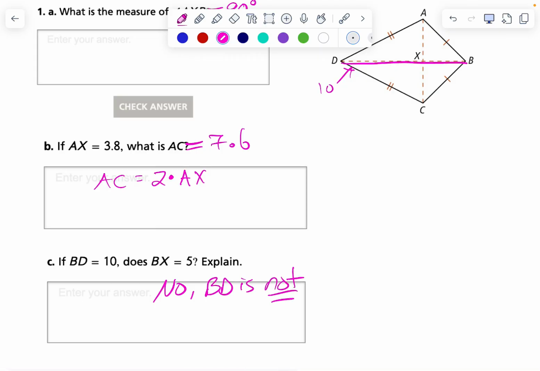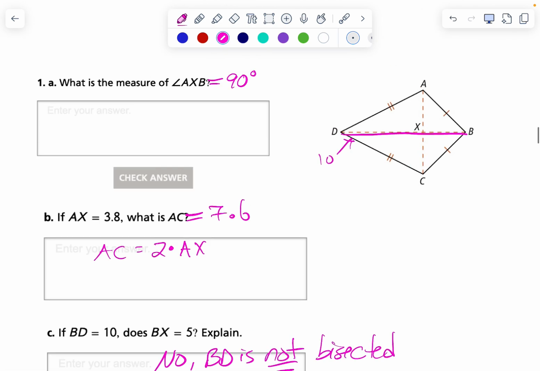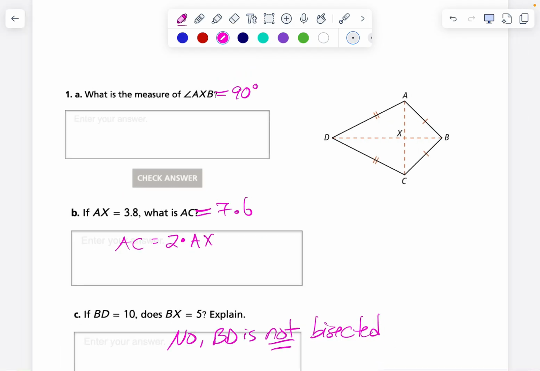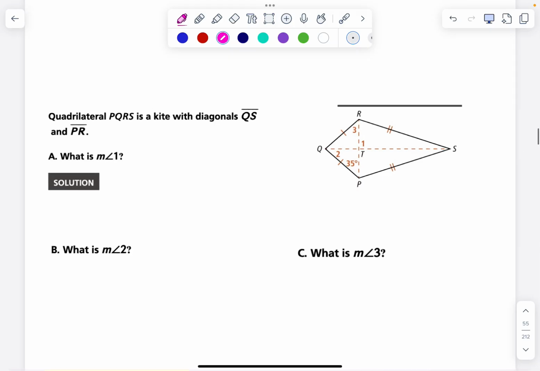BD is not bisected. That's the long diagonal. When we wrote this in our notes, we described it as long and short, and most of the time it's pretty obvious which one is which. But DB is the long diagonal, and it is not bisected. All right, good.